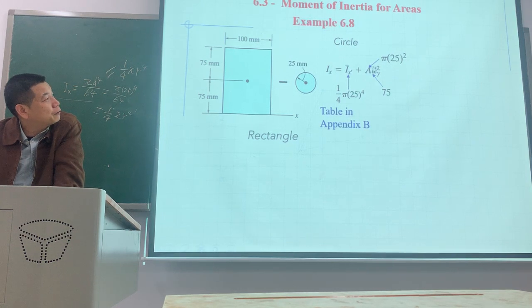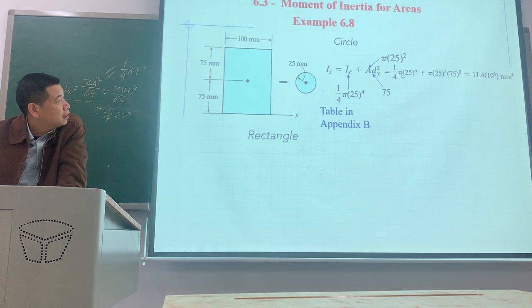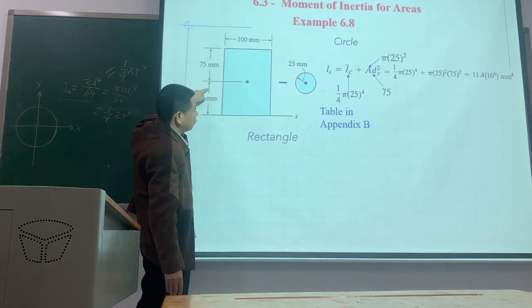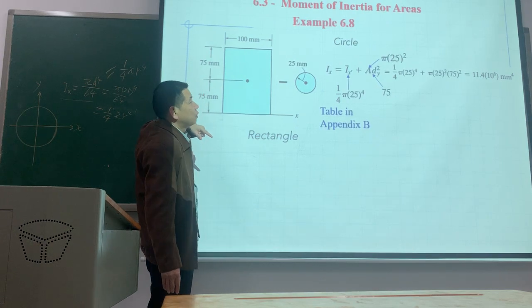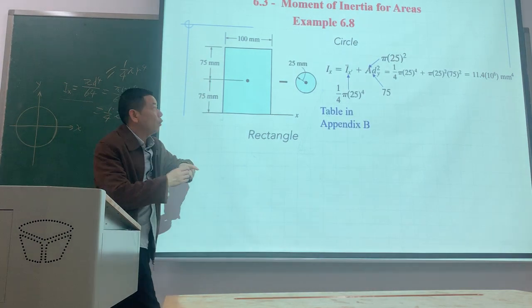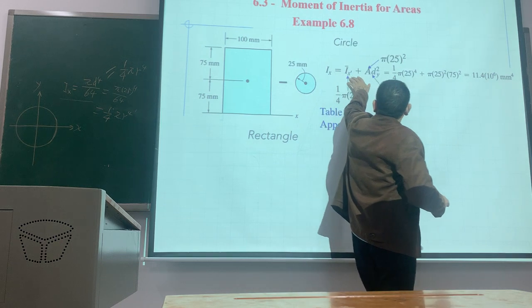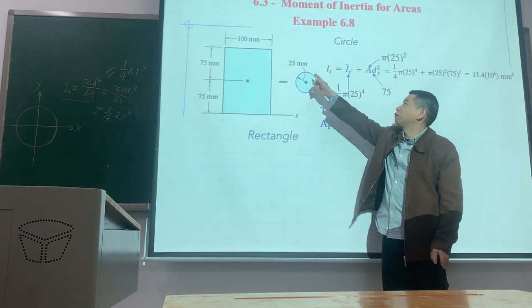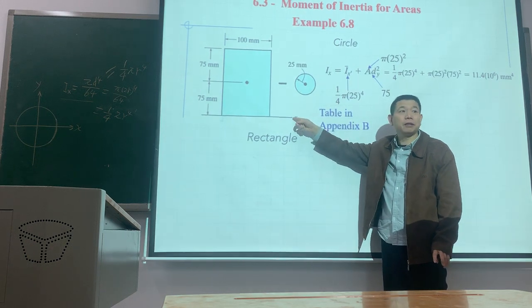The area of the circle is pi r square. Now the distance is 75 millimeter. So this part is the moment of inertia of the circle about the x.